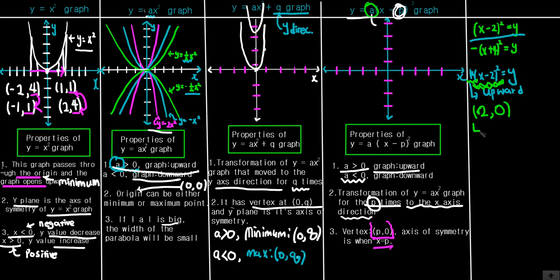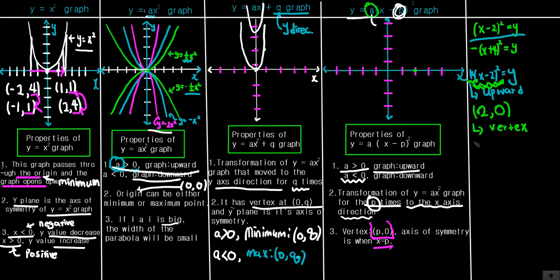So this is our minimum vertex for our function. Let's graph this first. When the x value is 2, the y value is 0. This is the minimum point of the x minus 2 squared is equal to y function.